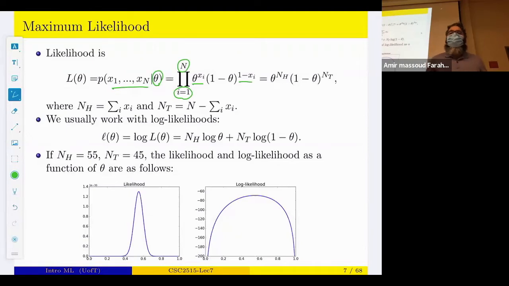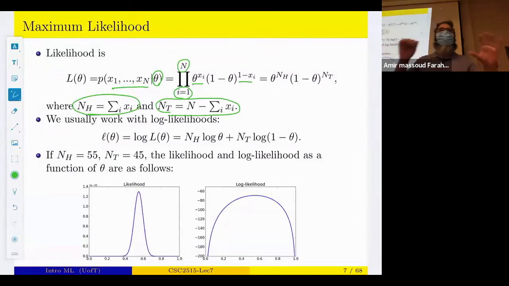And then if we denote the number of heads by n_h and the number of tails by n_t, we can divide this product into two parts: the parts where x_i is 1 and the parts where 1 minus x_i is 1. Then this would essentially be theta to the power of n_h times 1 minus theta to the power of n_t. Think about it, and it becomes clear why that is the case.